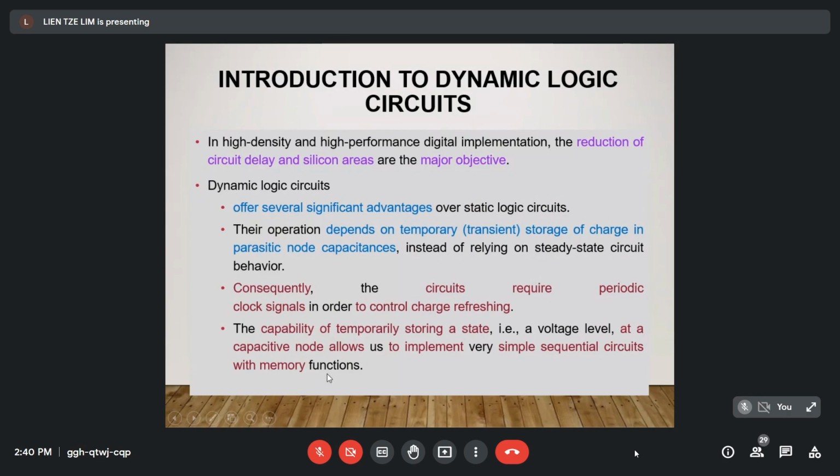At the output there is a capacitance. Sometimes we call it output capacitance or parasitic capacitance. Later it will be explained how the circuit works.